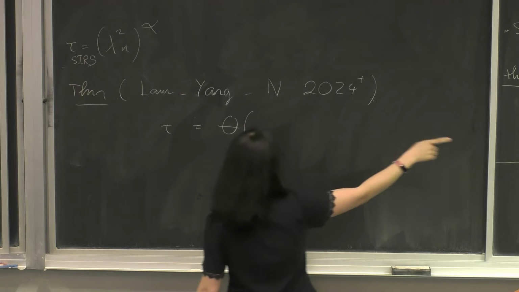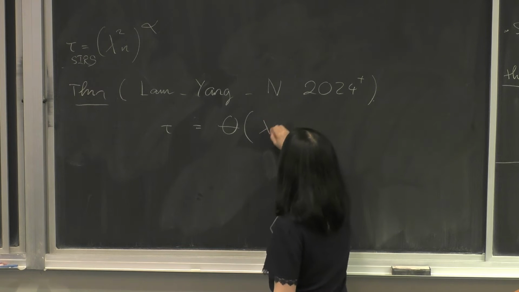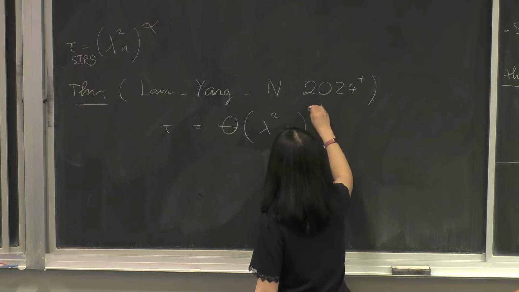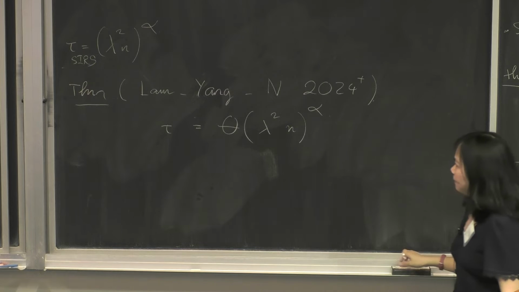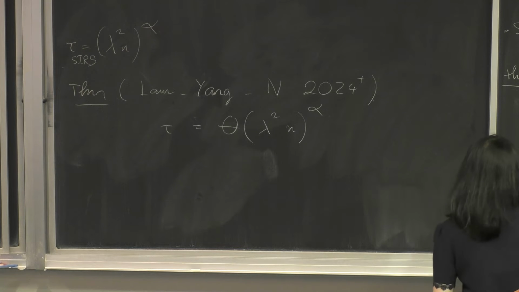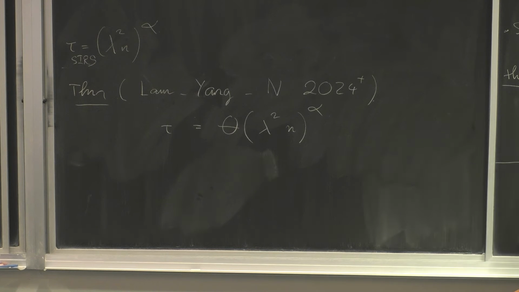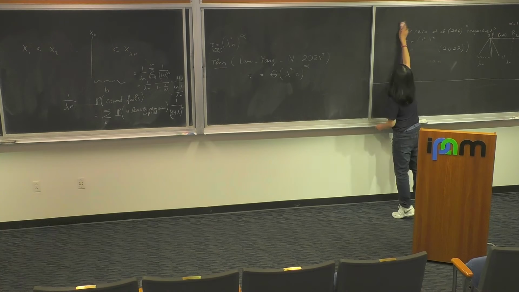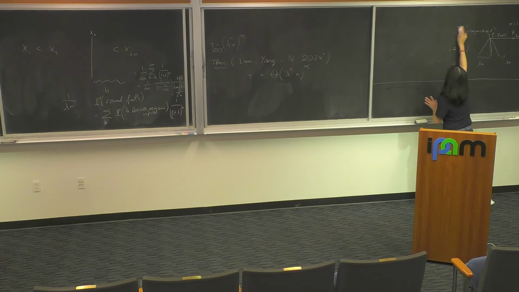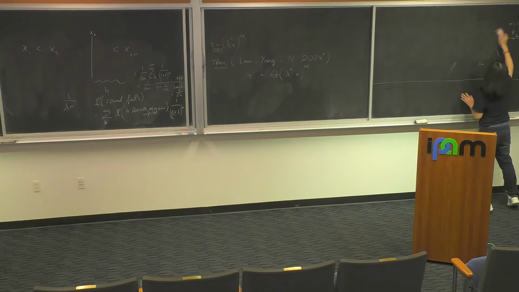And so we get rid of the log and we prove a matching upper and lower bound. That is lambda squared to the power alpha. Now that is the story for star graph.